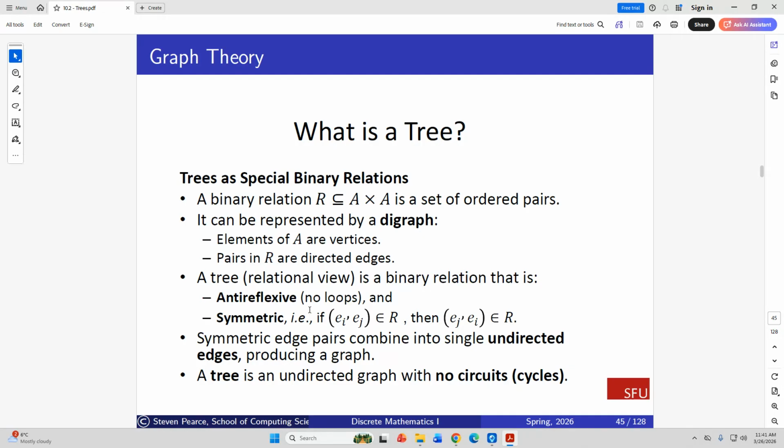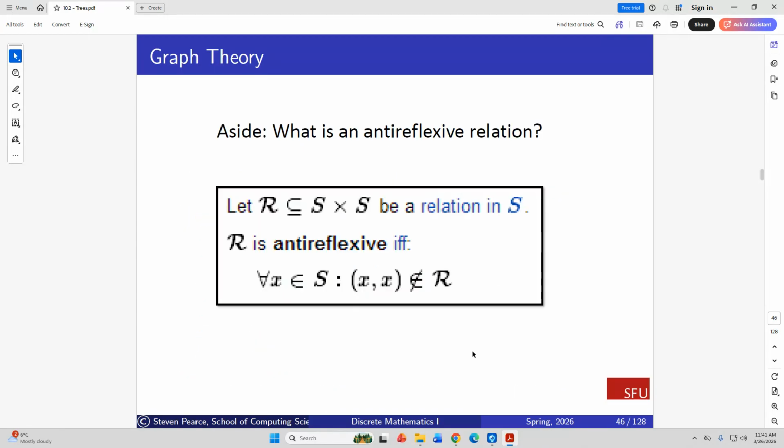A tree is a binary relation that is anti-reflexive, meaning there are no loops, and symmetric, meaning you can go back and forth along edges. Symmetric edge pairs combine into a single undirected edge, producing a graph.